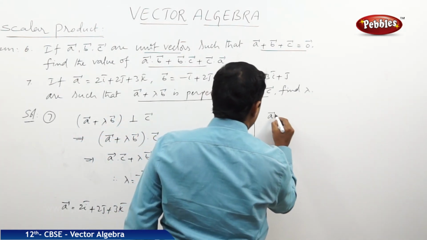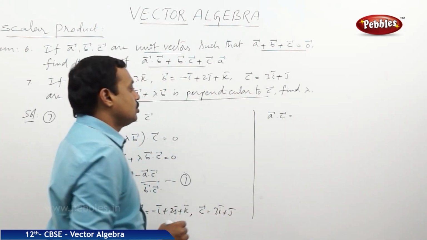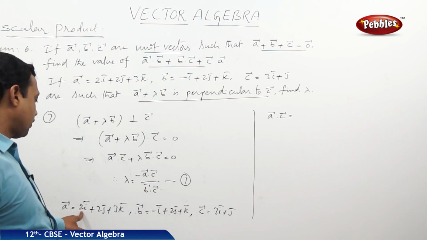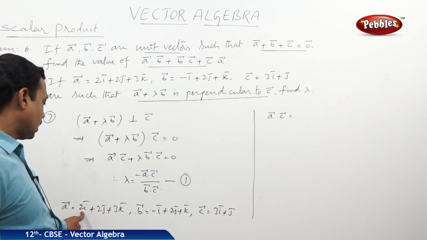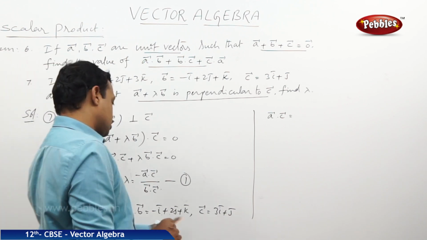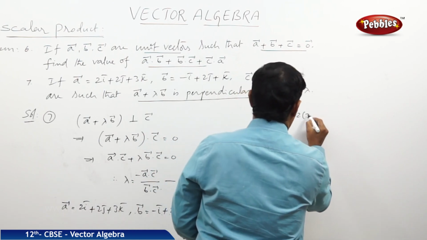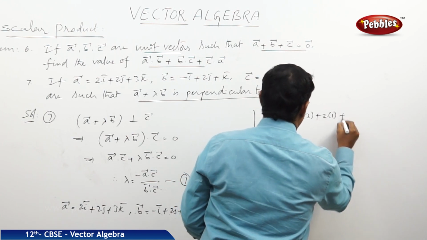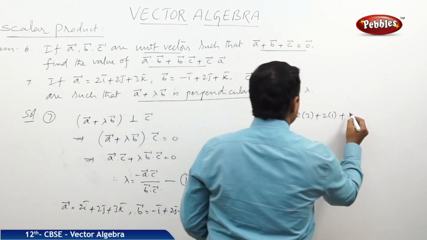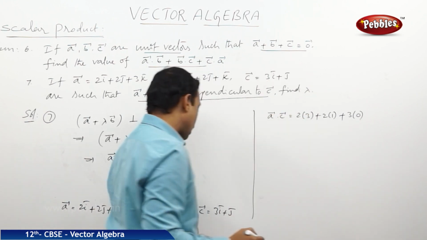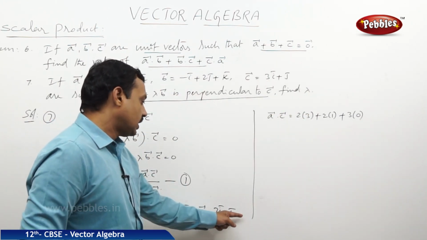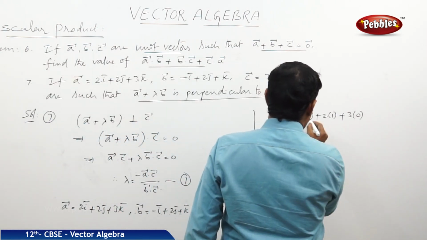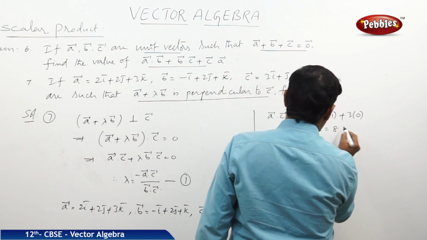A dot C is the dot product of A and C, the sum of the products of corresponding components of the vectors: 2 into 3, plus 2 into 1, plus 3 into 0, because the component of k in the vector C is 0. Hence it is 6 plus 2 is equal to 8.